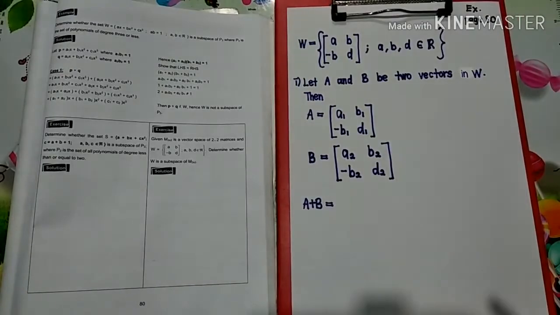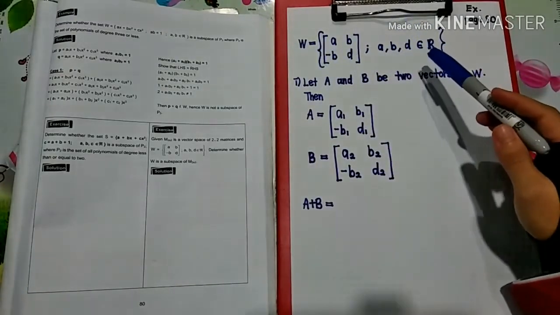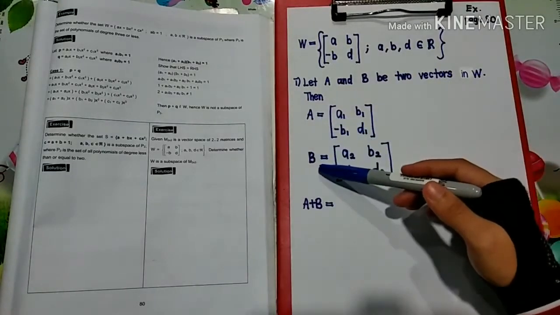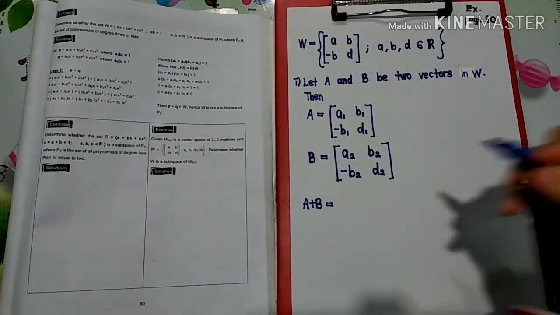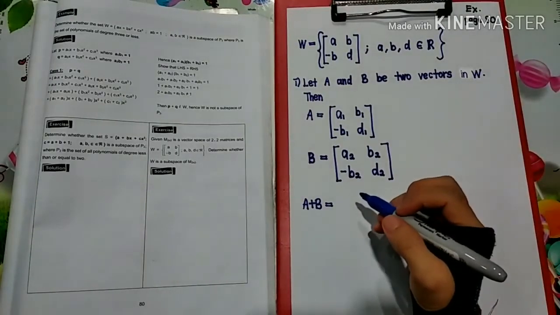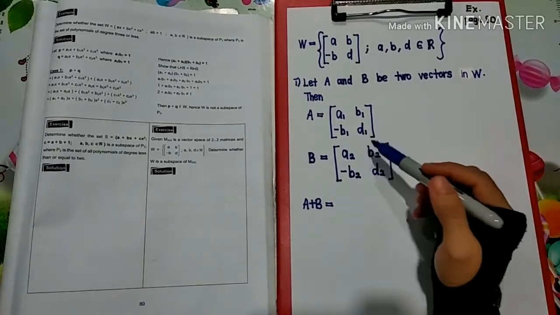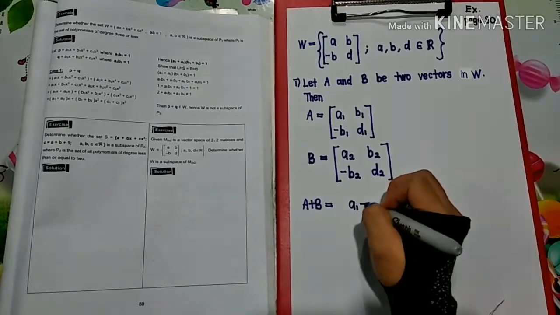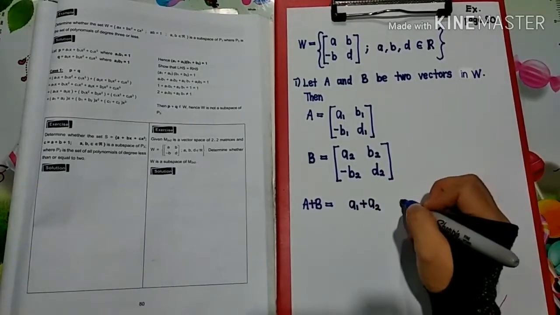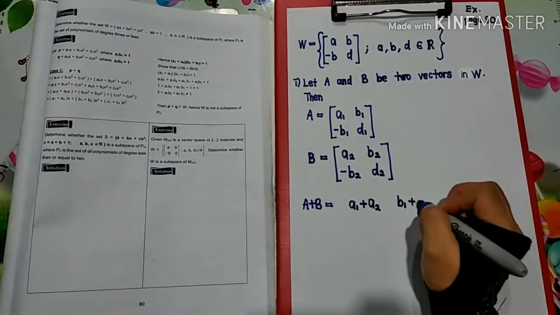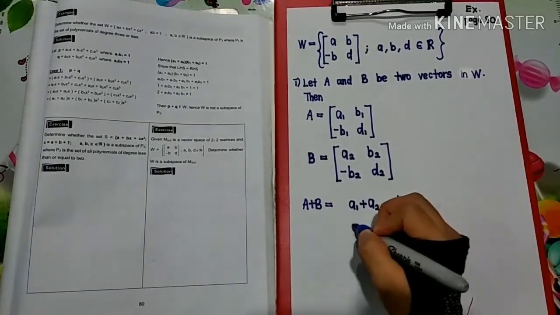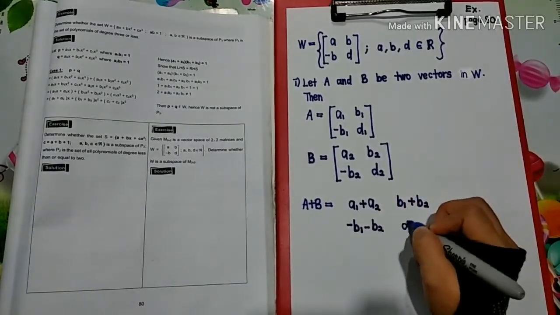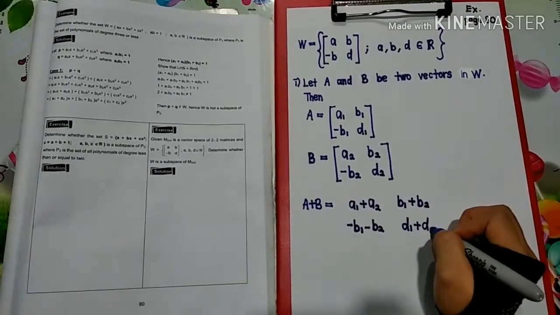First case, to show W is a subspace of matrix 2 by 2, is addition. So we add A plus B. As I said to you previously, we just do the normal addition for two matrices. So you will have here a1 plus a2 for this element, b1 plus b2 for this one, negative b1 minus b2, and for this one, d1 plus d2.